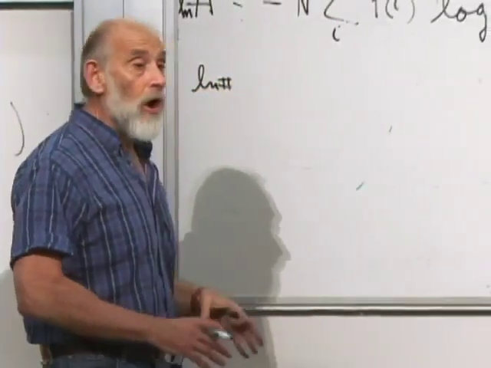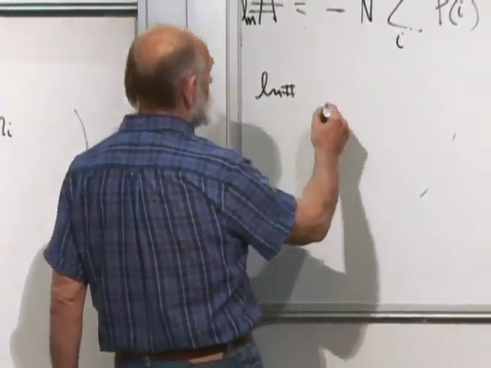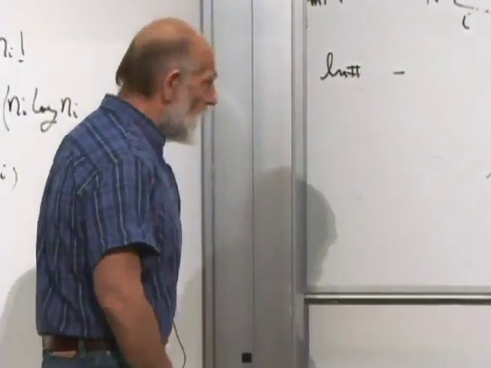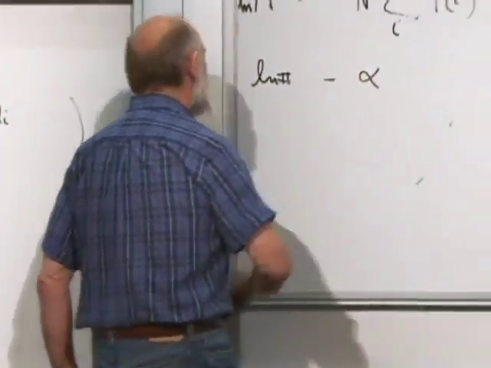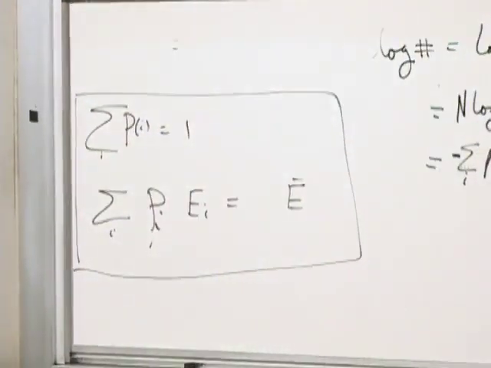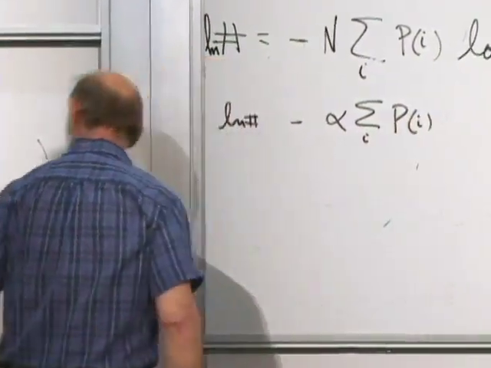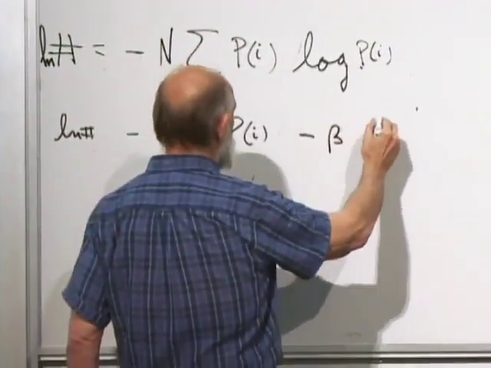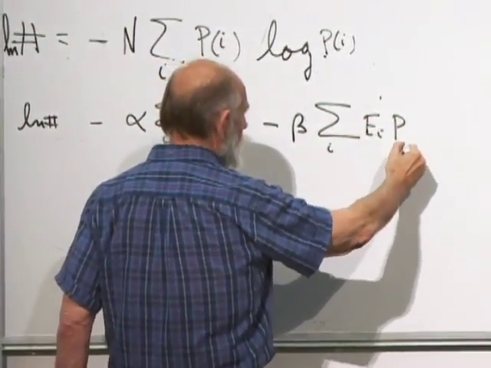So the p sub i's are the unknowns, and we're going to maximize this expression, log of pound, minus, now we have to put in Lagrange multipliers. The first Lagrange multiplier I will call alpha. That's the one that multiplies this constraint, the summation over i of p sub i. And the second Lagrange multiplier I'll call beta: minus beta, summation over i, e sub i, p sub i.